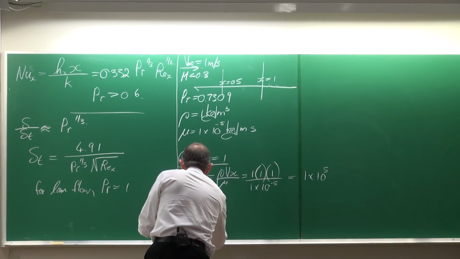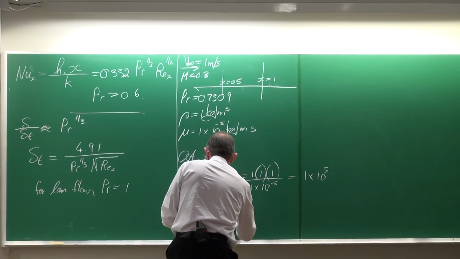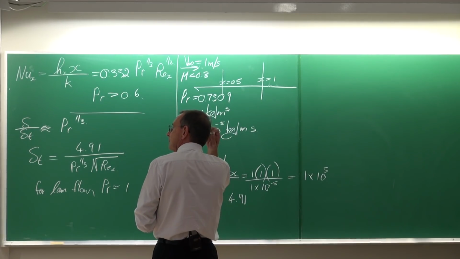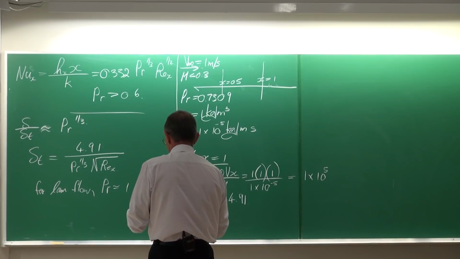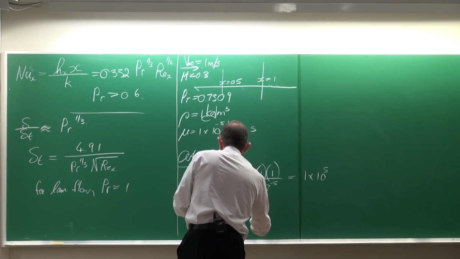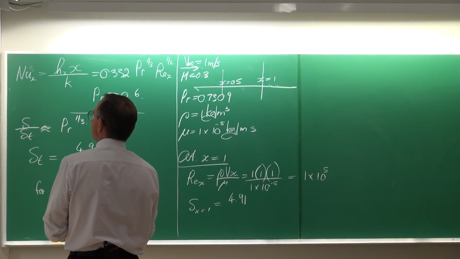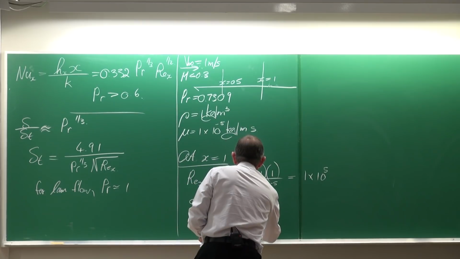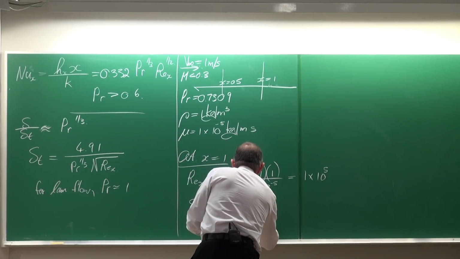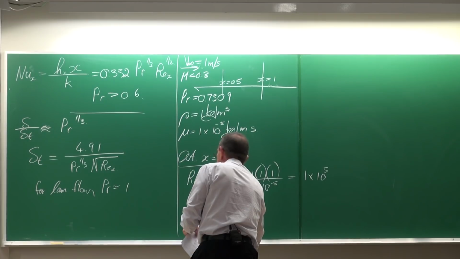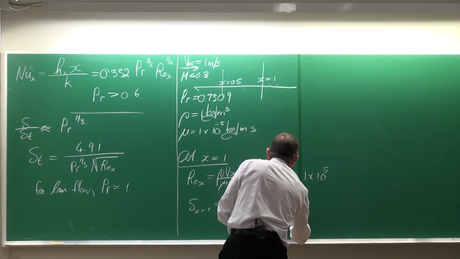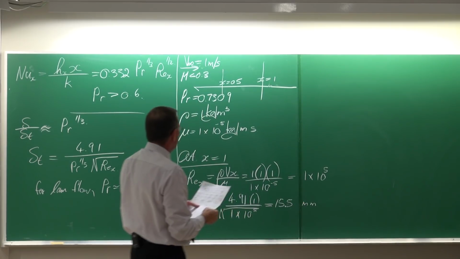Now the boundary layer thickness at x equal to 1 would then be equal to 4.91 multiplied by x, which is 1 meter, divided by 1 multiplied by 10 to the 5th, and it should be the square root of it, and that would then be equal to 15.5 millimeters. 15.5.